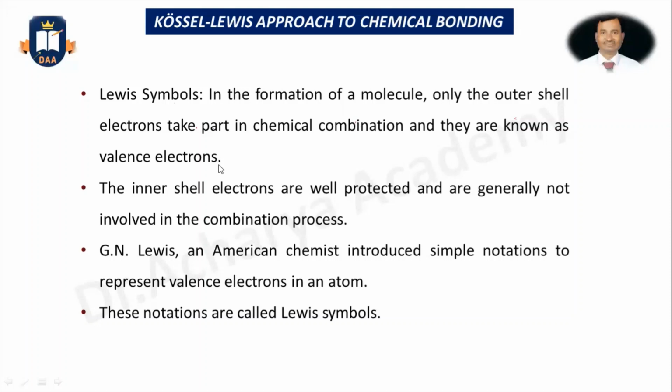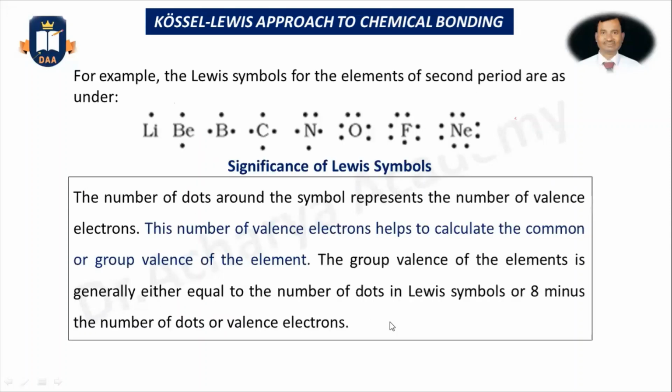The inner shell electrons are well protected and are not generally involved in the chemical bonding process. Lewis introduced a simple notation to represent valence electrons in an atom, and these notations are called Lewis symbols.